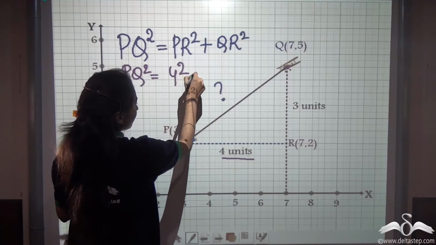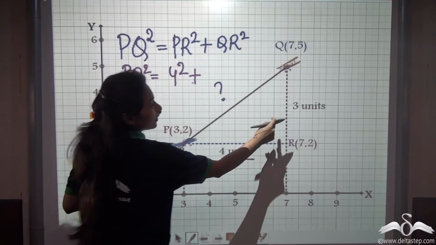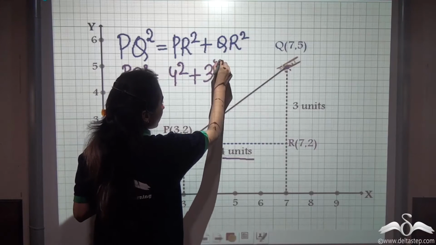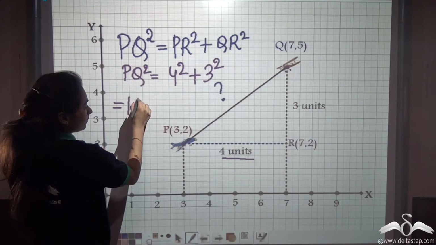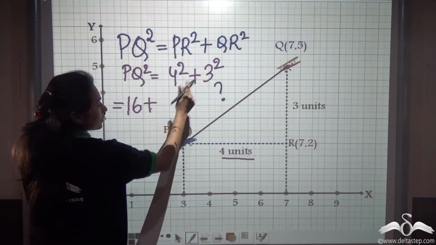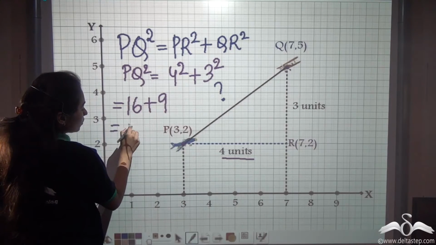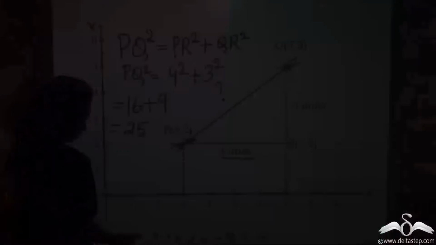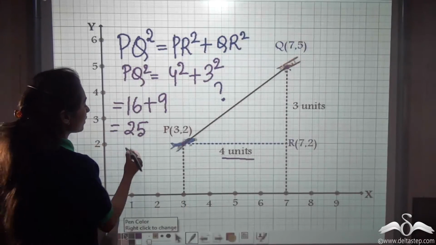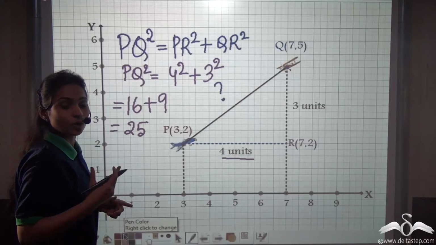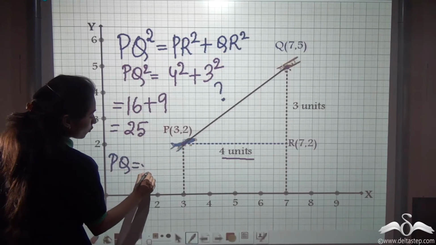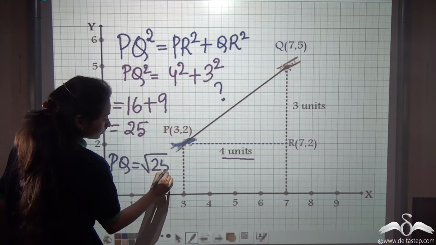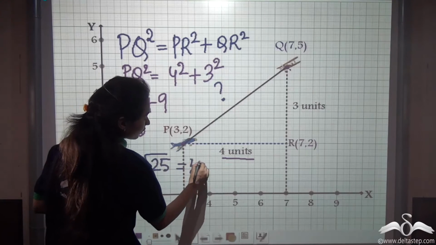So 4 square plus QR, that is 3 units. So 3 square. What do we get? 4 square is 16 plus 3 square is 9. So we get 25. Well, PQ square is equal to 25. So what will be the value of PQ? Well, PQ will be root over 25, or we get as 5 units.